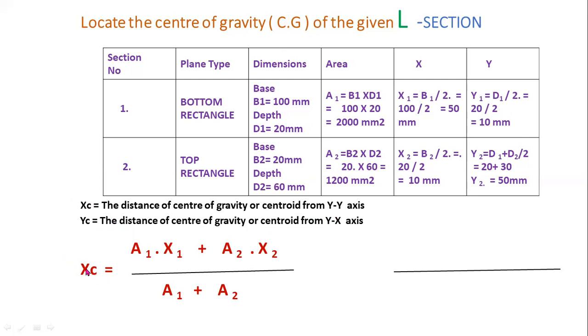After substituting the values of A1, X1, A2, X2, you can get the value of XC. Here A1 equal to 2000, A2 equal to 1200, X1 equal to 50, X2 equal to 10 mm. After calculating, you get XC equal to 35 mm.